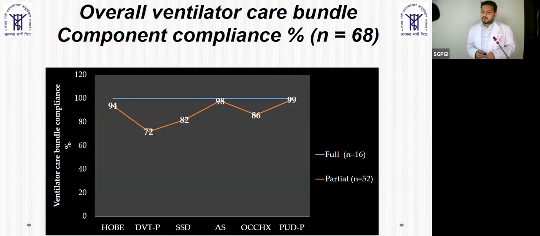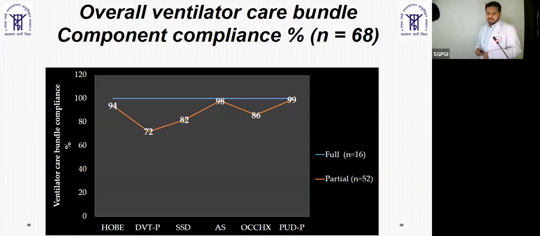This is the overall ventilator care bundle compliance for each component, shown graphically. There was full compliance, like I explained in the previous slide, to all 6 components only in 16 patients, that is 24% of the subjects.